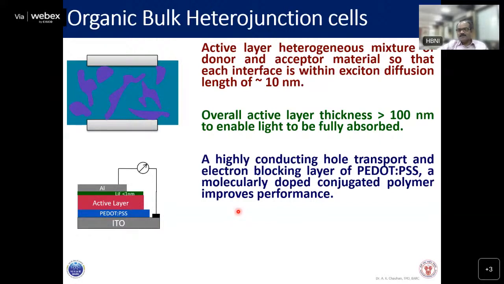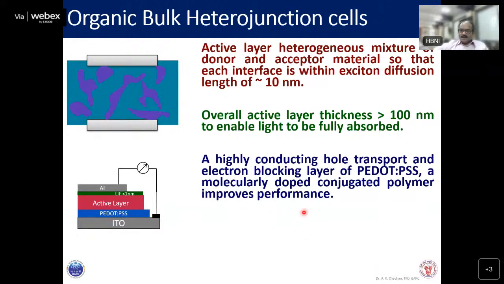If you try to increase the thickness beyond 100 nanometer, the probability of donor and acceptor touching the respective electrodes becomes very less, and therefore it will start behaving like a bilayer organic solar cell.